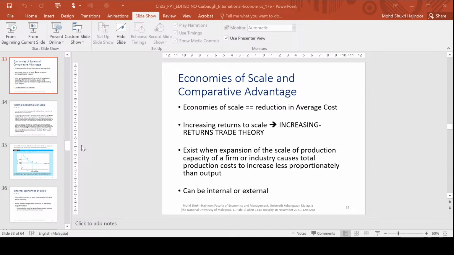As you go richer and richer, you can afford to buy the top quality product in this country.